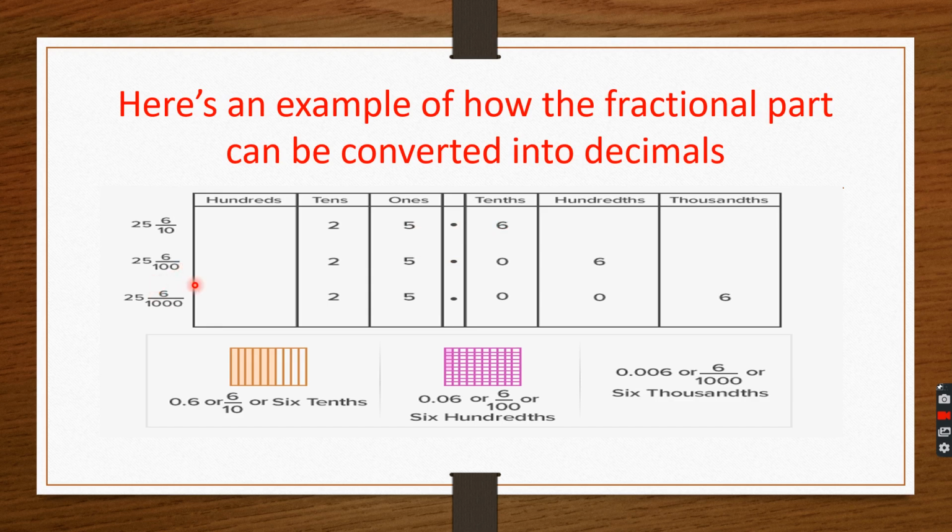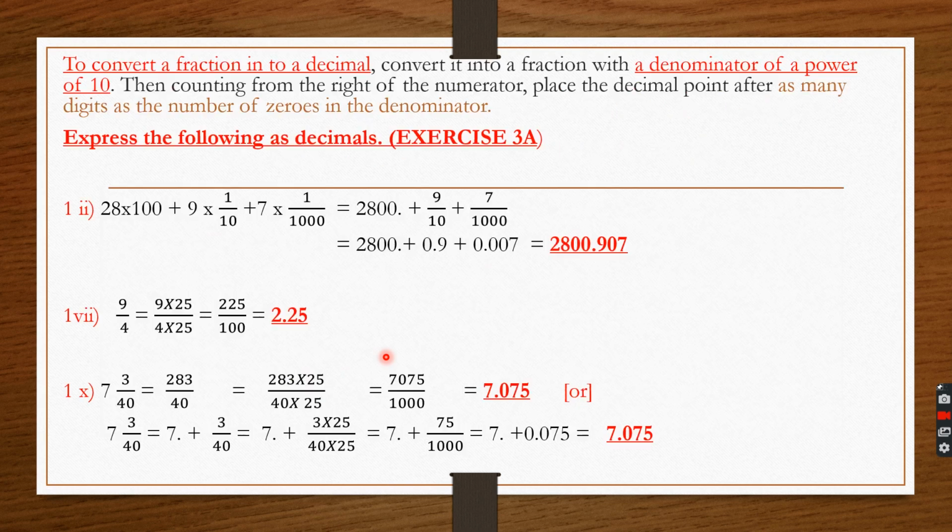Same way 25 and 6 by 100, 25 is the whole number part. After that decimal point, 6 by 100 can be written as 0.06. Same way 25 and 6 by 1000 can be written as 25.006. This is the way I can express a fraction in the decimal form.